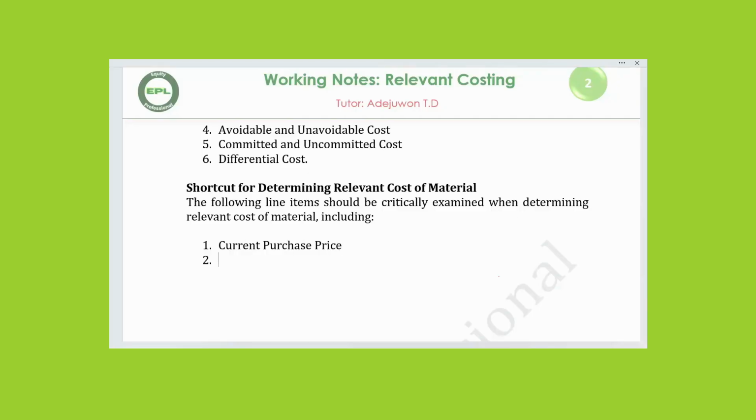Number two, disposal value. Then number three, historical cost. All right. So these are the three items that relate to material. So how do you treat each of them? That's what we want to discuss. Let's start with the first one, current purchase price.